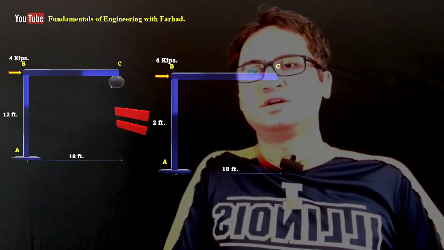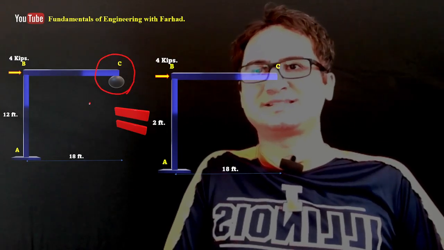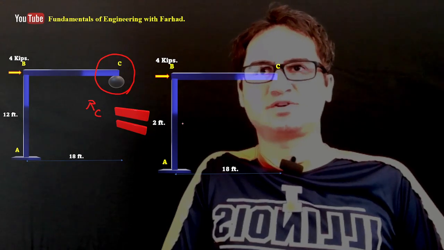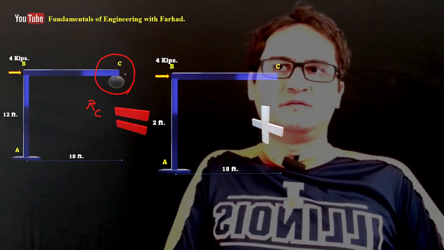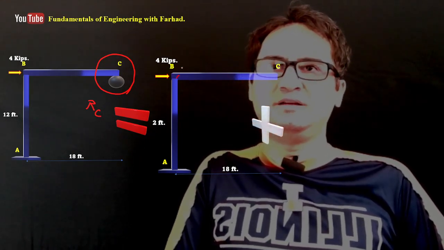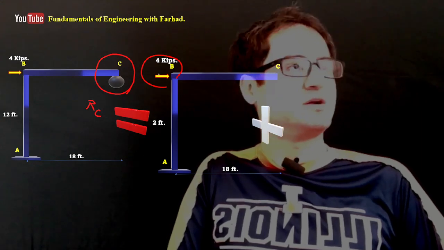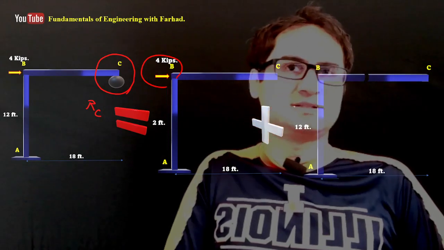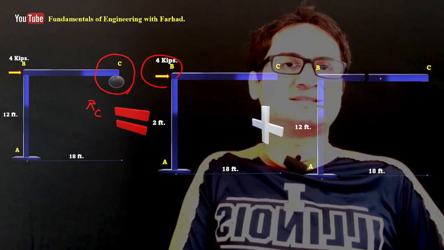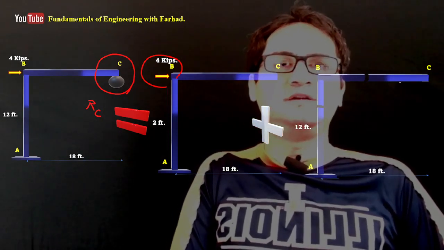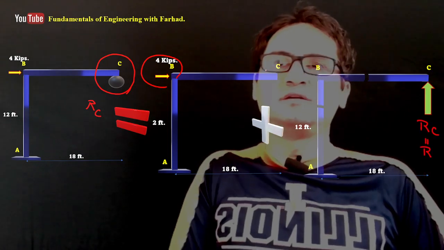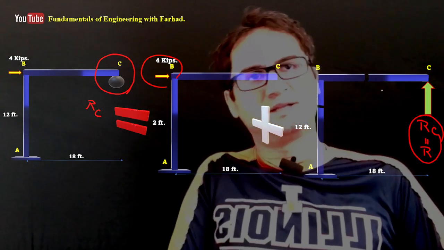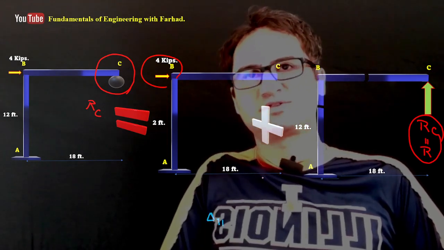So if we just consider the reaction at C, RC, like a redundant, and we dissect our structure into one without support C and with the horizontal force of 4 kilopounds at one edge, plus the same structure with the redundant force, then we can observe our structure.